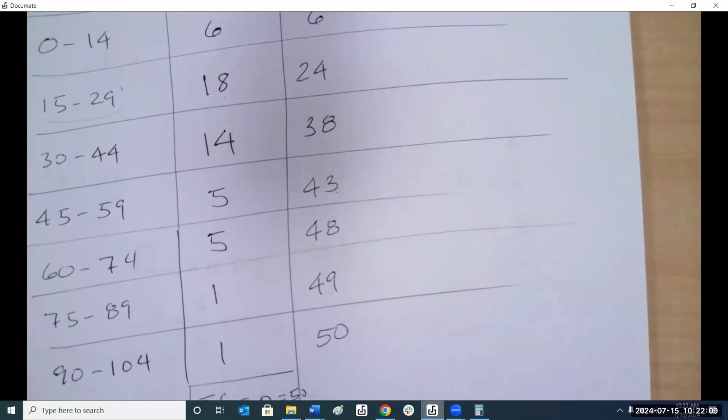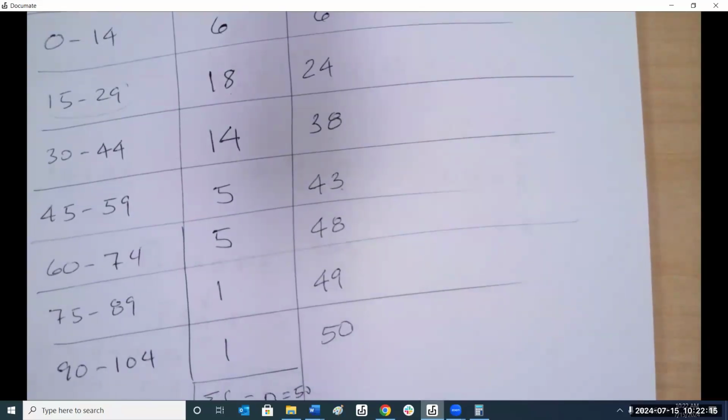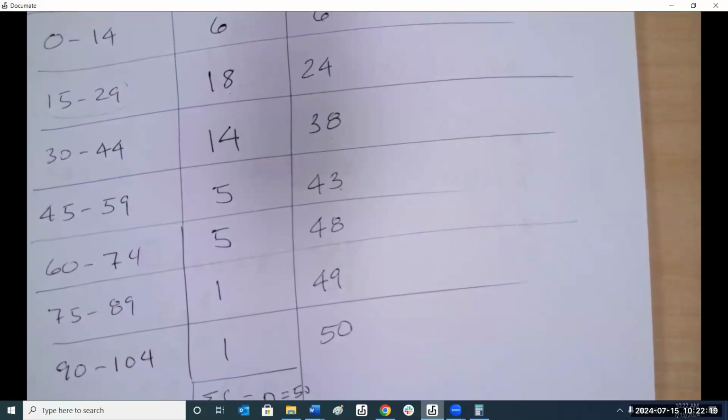So the cumulative frequency is different from the sum. It's a running total of each row of the classes. You keep on adding all the numbers before there. So all the numbers that are before the third class or below, there are 38 numbers.